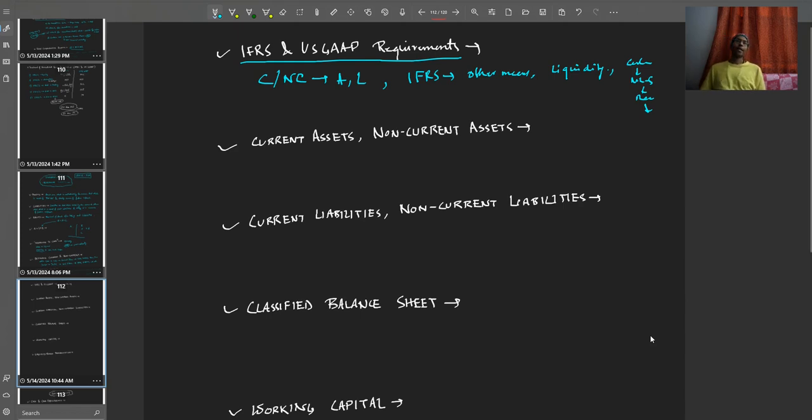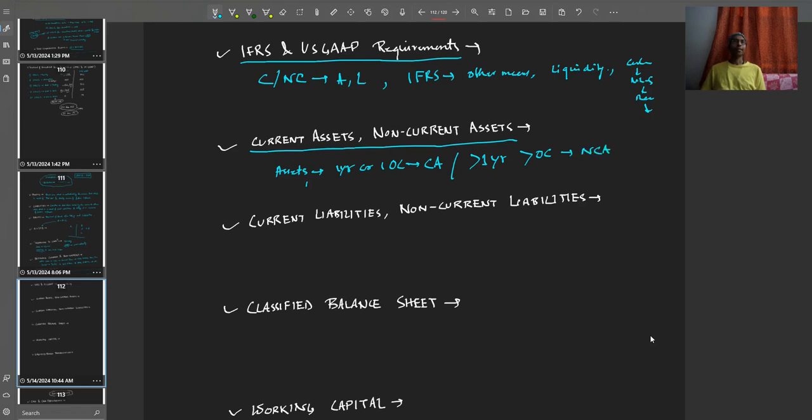Now coming to current assets and non-current assets. Obviously, assets which have to be liquidated within 1 year or one operating cycle are called current assets, and those which will take more time than 1 year or one operating cycle to be exhausted or liquidated, they are called non-current assets.